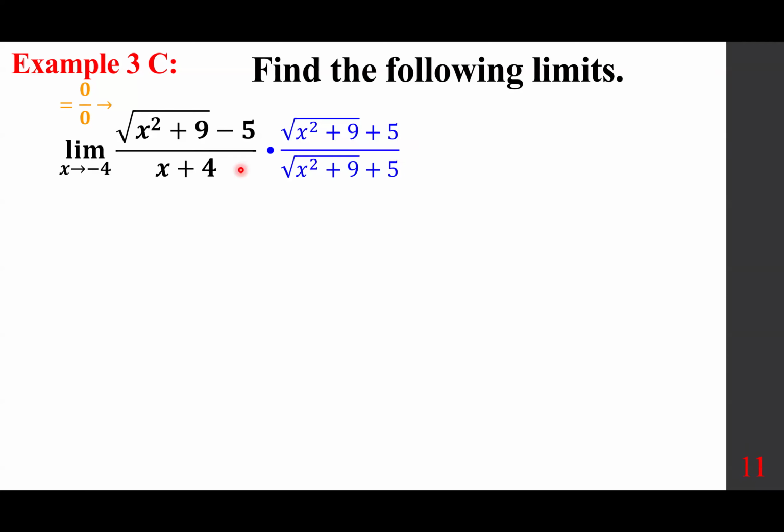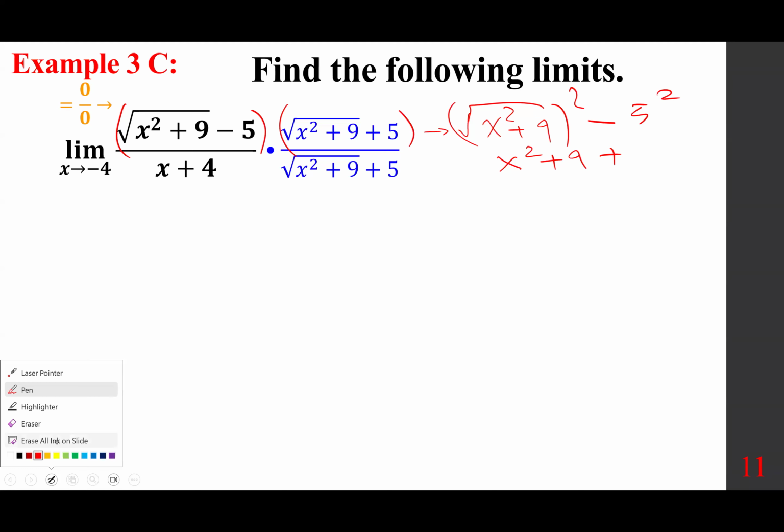We multiply and divide because this fraction must be equal to 1. Again, the bottom, x plus 4, is a problem because it approaches 0. You never, ever distribute. You write them as a product. The numerator becomes a squared, the square root of x squared plus 9 squared, minus b, 5 squared, and this comes out as x squared plus 9, minus 25.